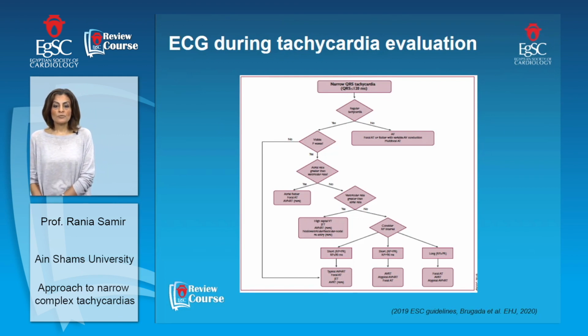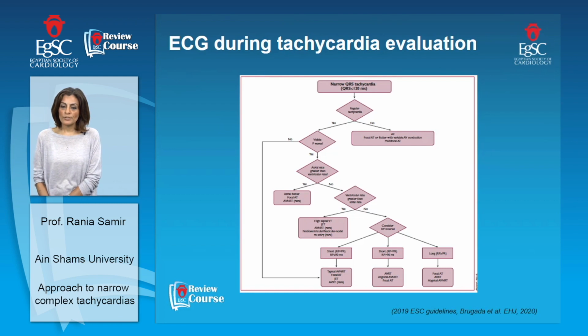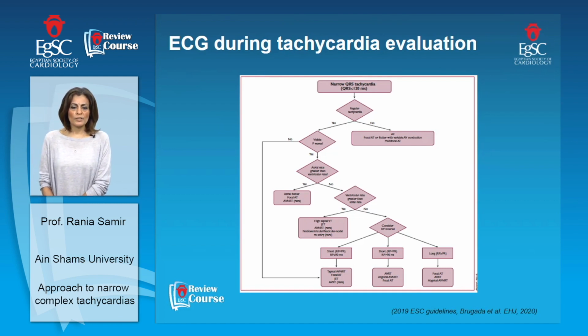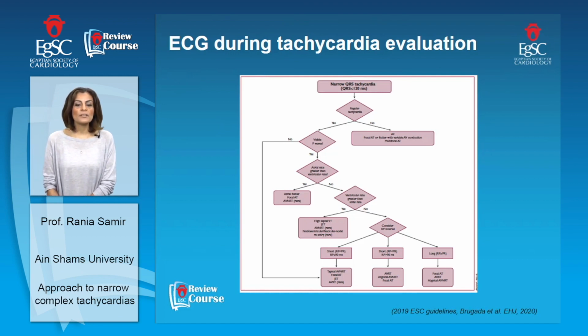If the atrial rate exactly equals the ventricular rate, we have to look into the RP interval. If it's a short RP interval, it's most probably typical AV nodal reentrant tachycardia. If it's a short RP interval and less than 90 milliseconds, it's most probably typical atrial flutter.